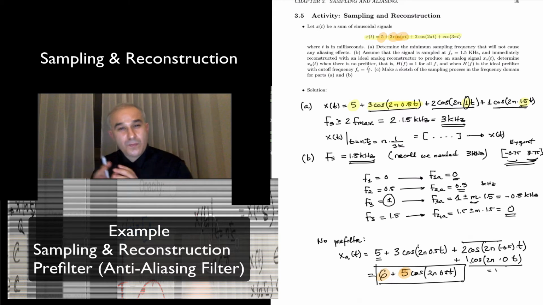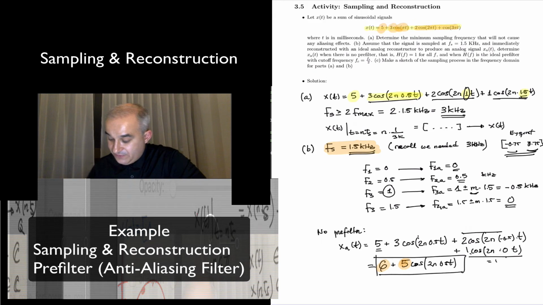So even the components that could have gone through get distorted by those for which we did not meet the sampling theorem. So what could we have done if the maximum frequency that we could use due to hardware limitations is 1.5 kilohertz, and this is the signal that we have?